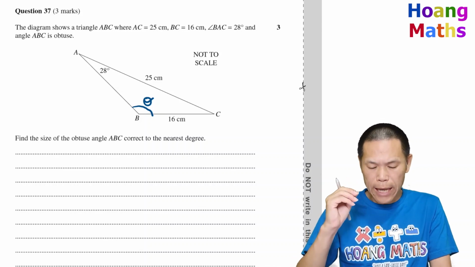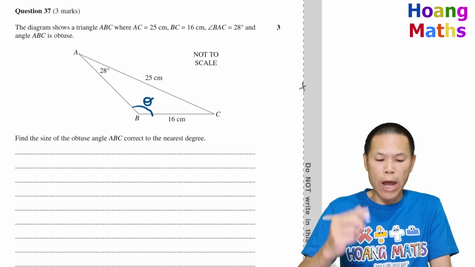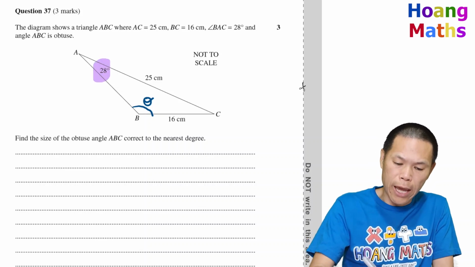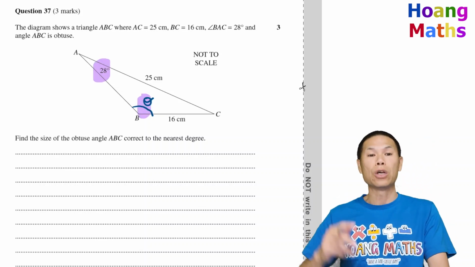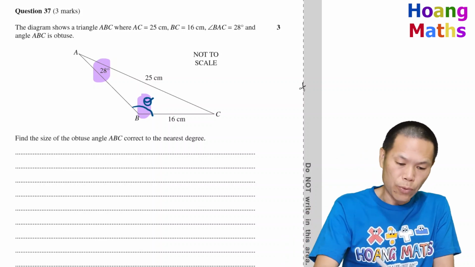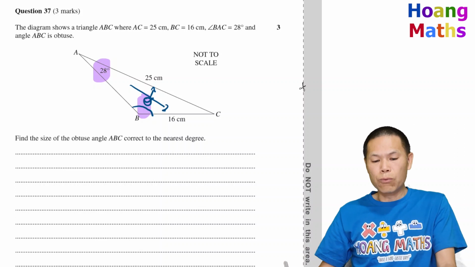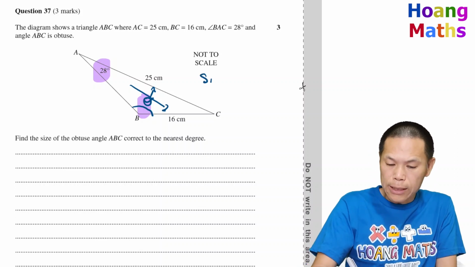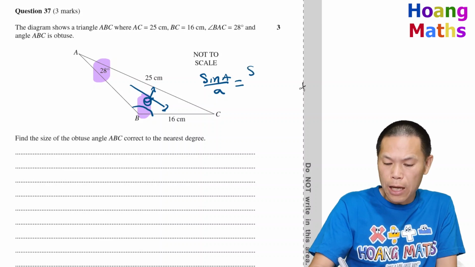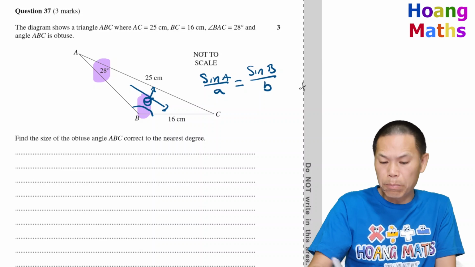To work this out, we know that we have two angles here. This is one angle and this is another angle, so we use the sine rule: opposite of this and opposite of this. The rule is sine of A over small a is sine of angle B over side length b.